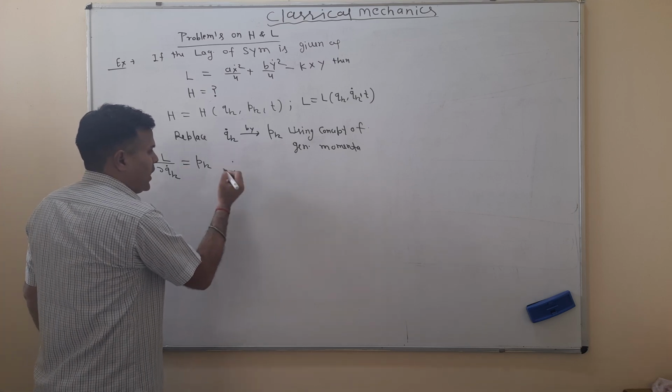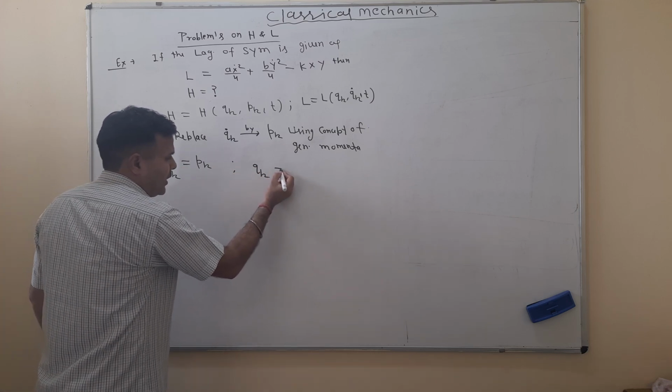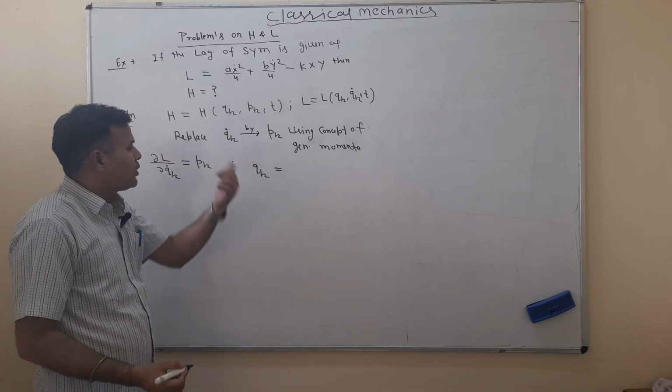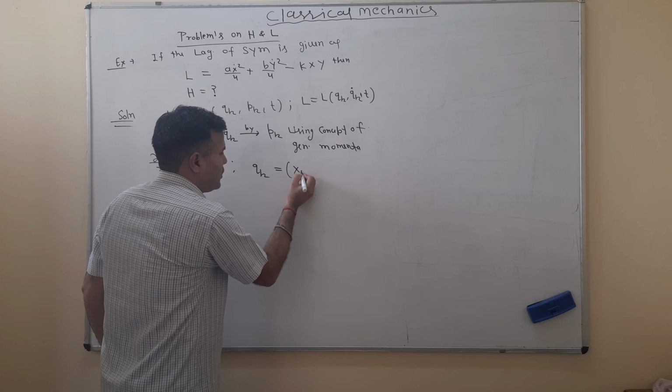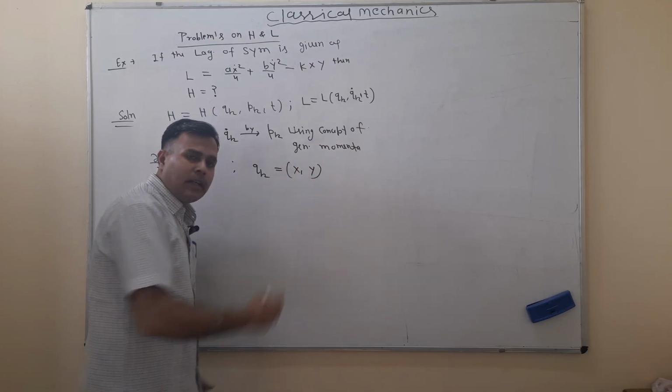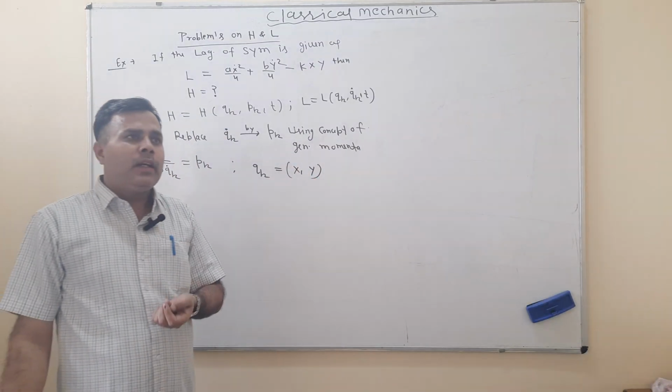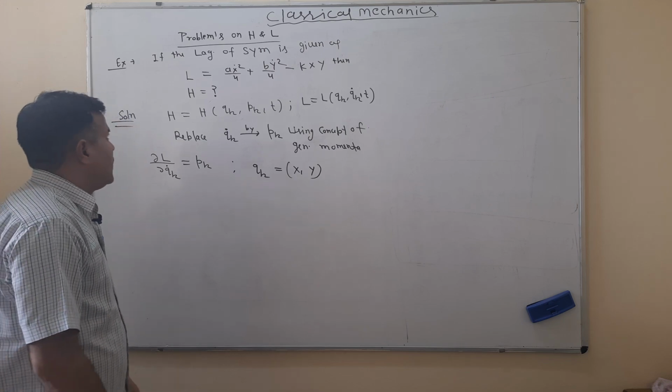And what is our qk? In this Lagrangian expression we can see our qk is the generalized coordinate, which is x and y. So this qk is basically x and y, and we have two different generalized coordinates.